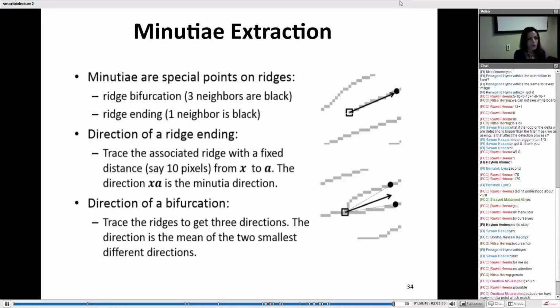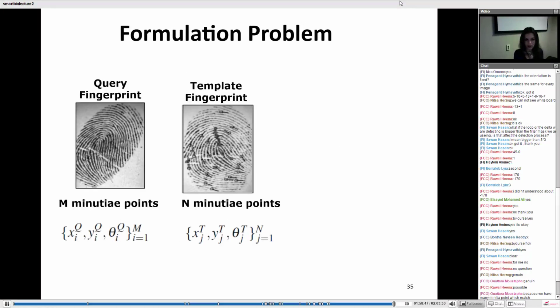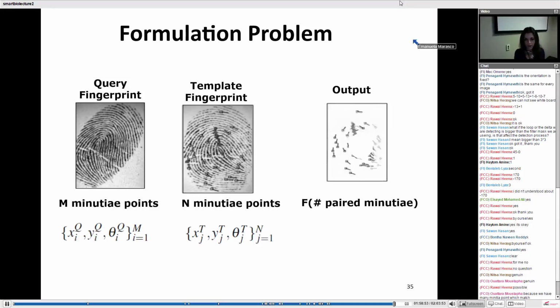For now we have the last few minutes, so we can just start with the problem formulation. Then we will see the algorithm in more detail next time.